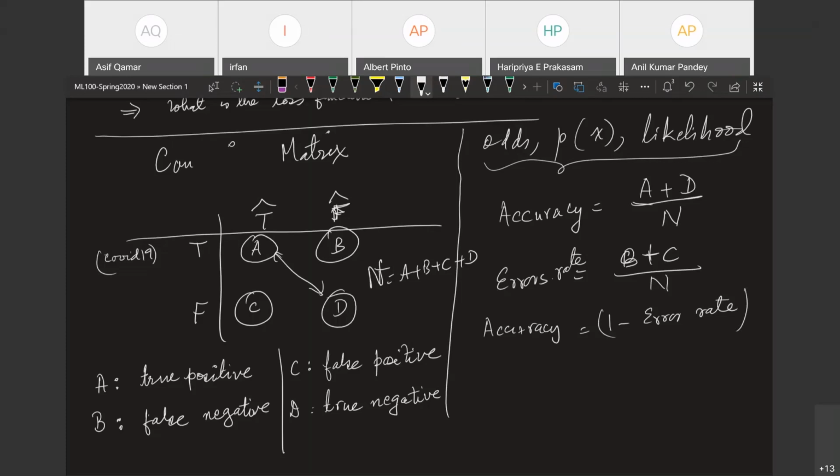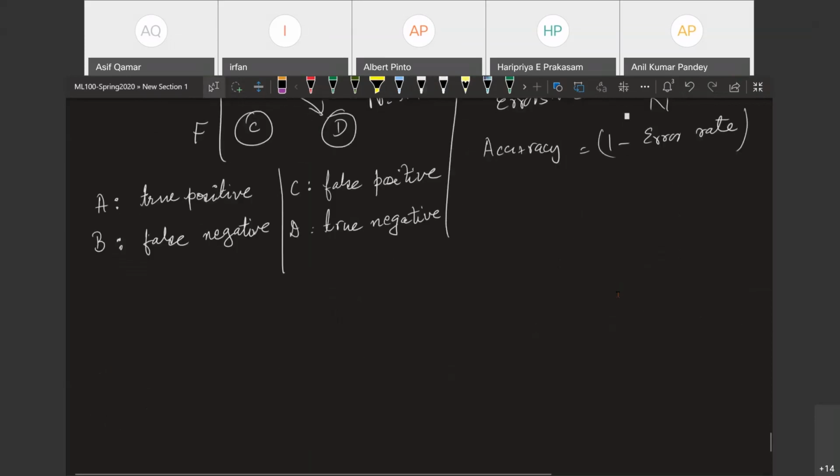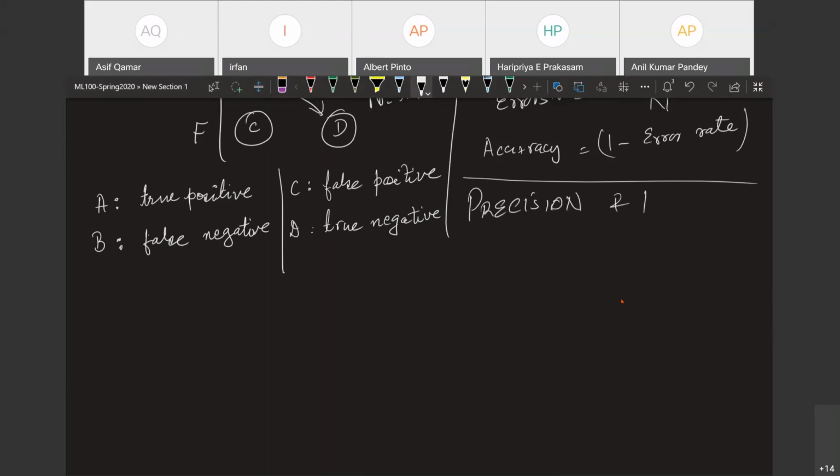Now, it turns out that in the industry, this word classification is used in many, many fields, and a whole lot of different terminologies have come about in this space. Let me walk you through the words that people often use. In modern literature, we speak a lot about two more things called precision and recall.